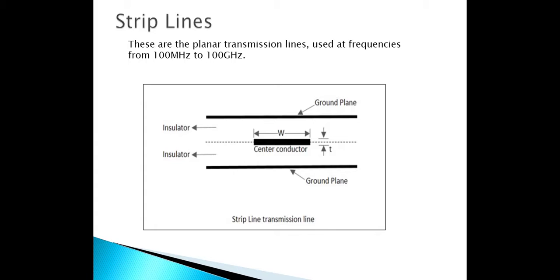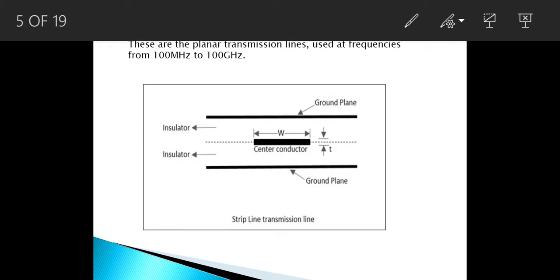Here is the diagram showing the view of the strip line transmission line, which has two ground planes, and in between we have the insulator. Here is a center conductor which is placed over there.